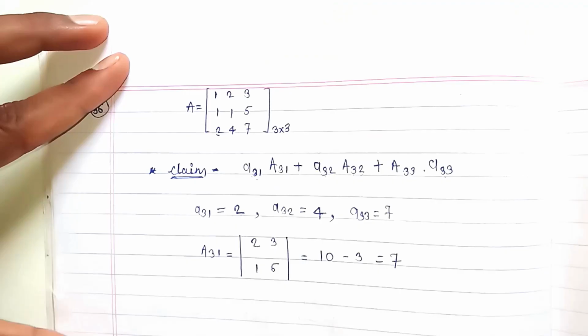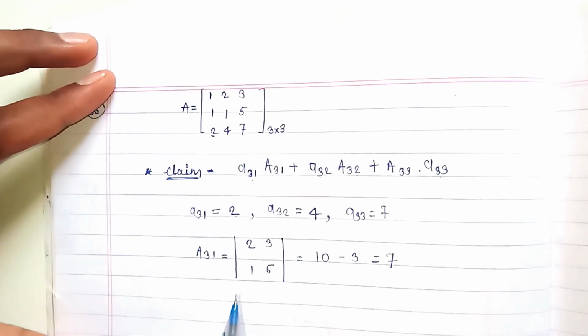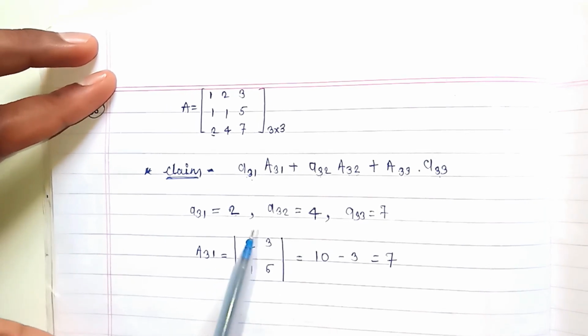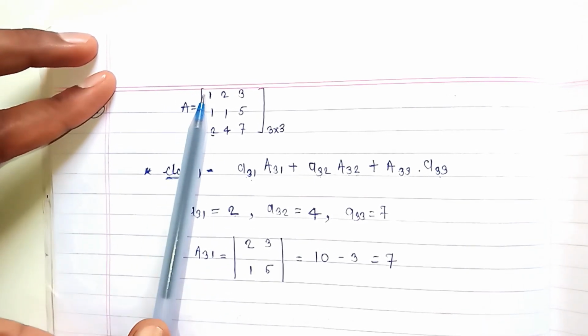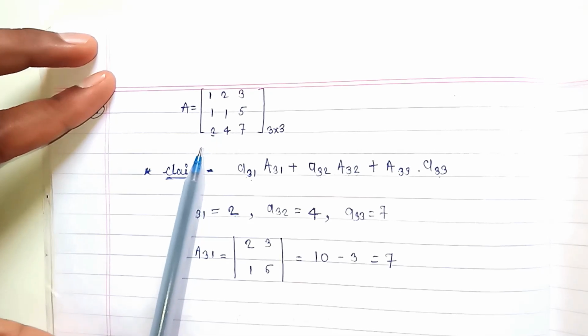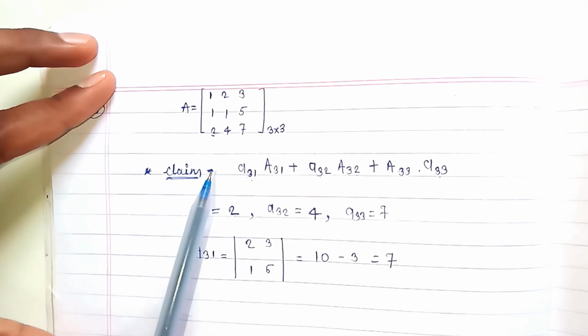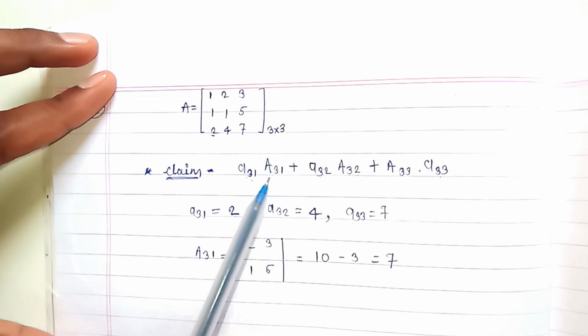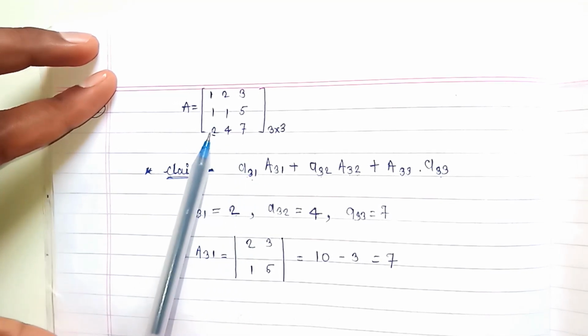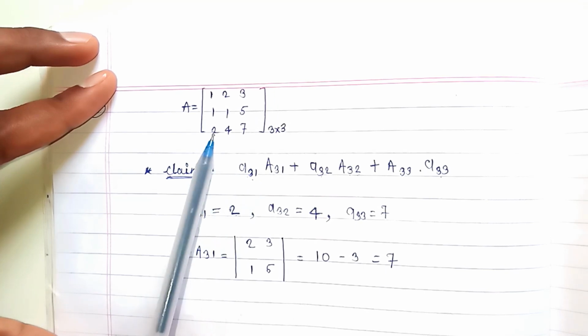The value of capital A31 is for the third row and first column. Here it is like a minor. As we find the minor and cofactor for finding the inverse of a matrix, similarly we have to find the value of A31. So the minor of A31 means the minor of 2.